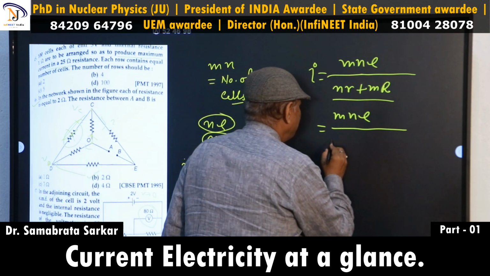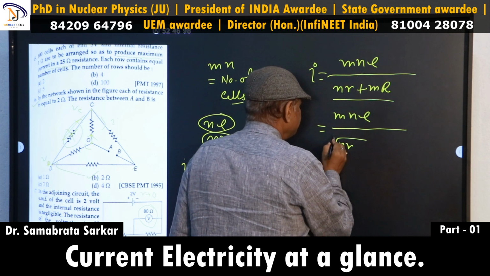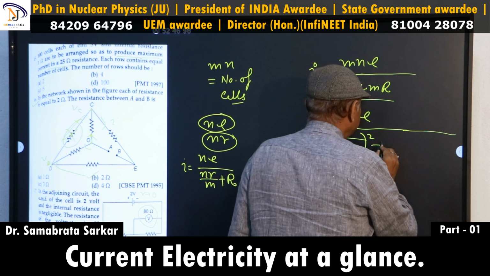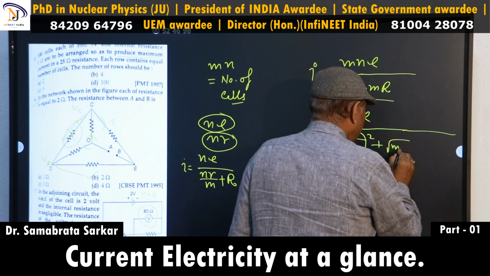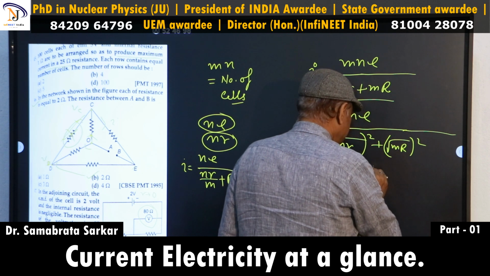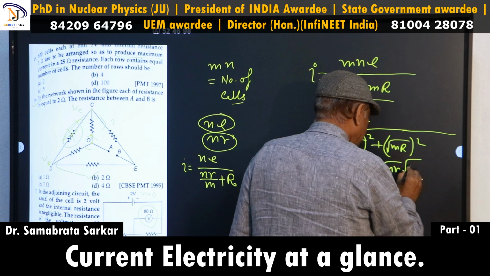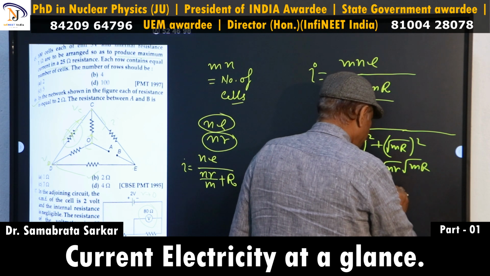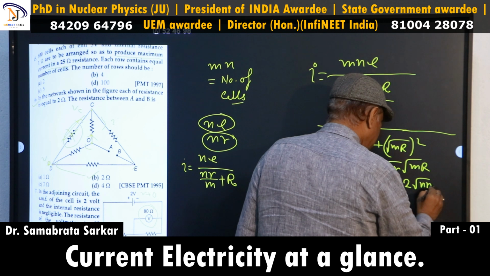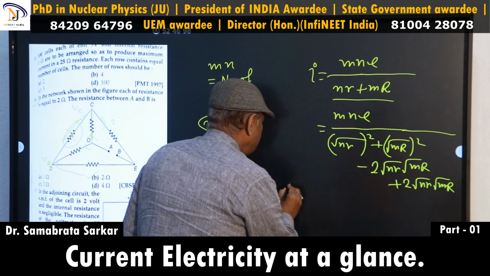And this is nothing but NR squared plus MR squared minus twice NR MR plus twice NR MR. Then what can I write?